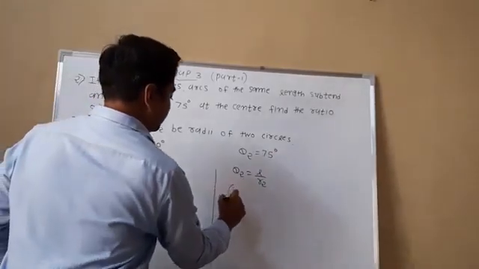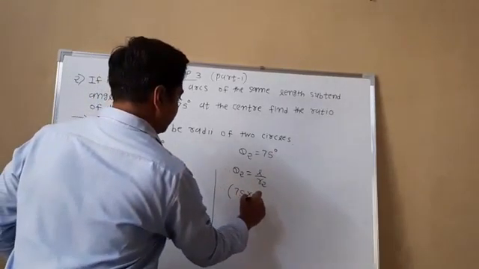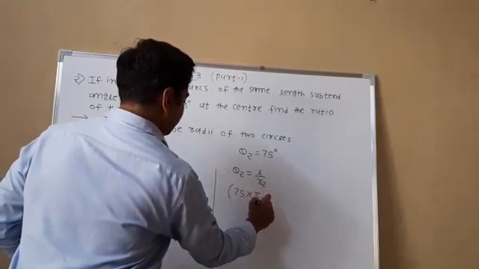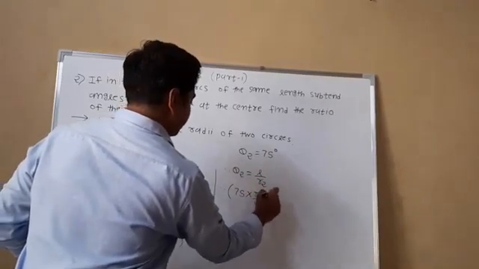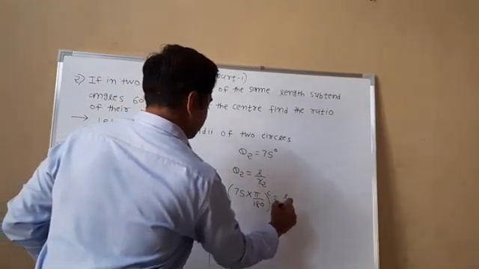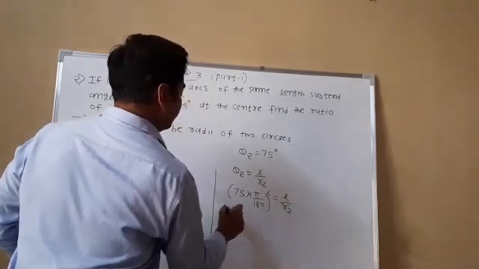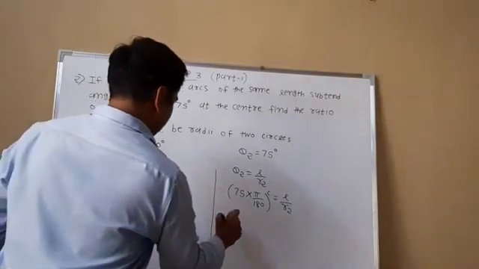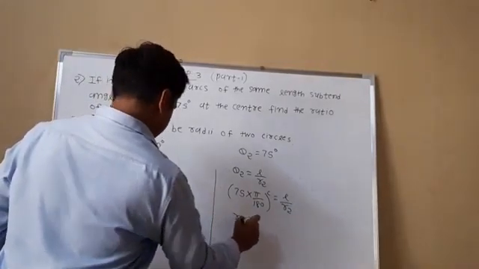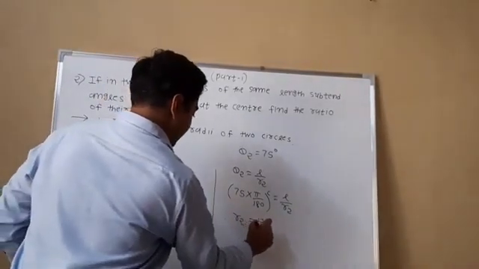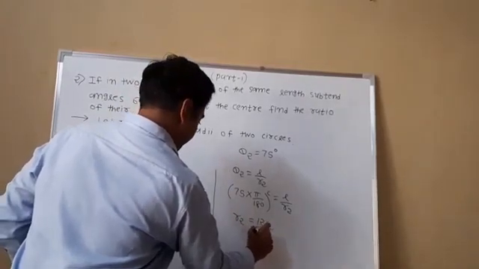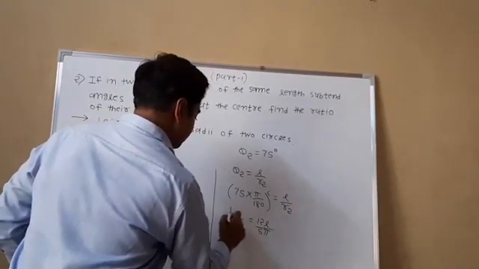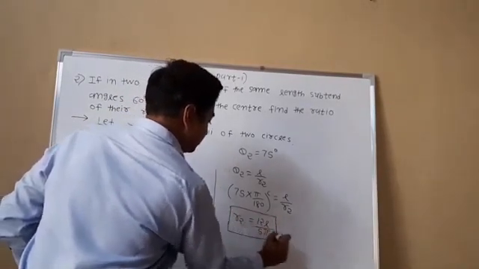So write 75 multiplied by pi upon 180 radian is equal to L upon R2. Now again simplify this term. So we get R2 is equal to 12L upon 5 pi. This is equation number 2.